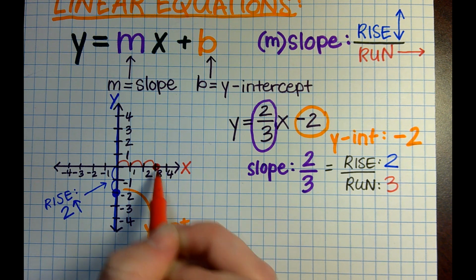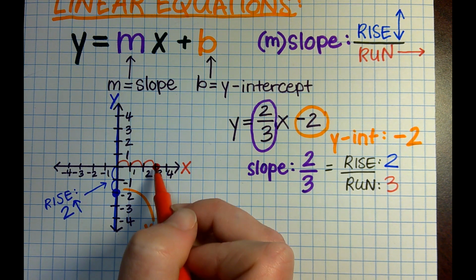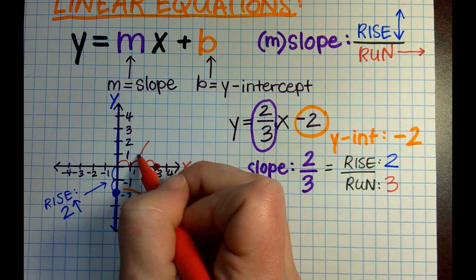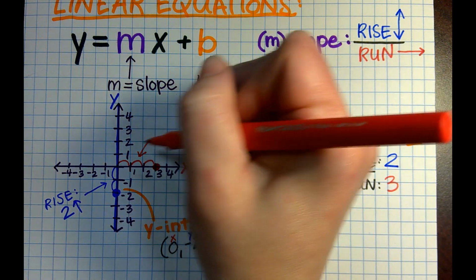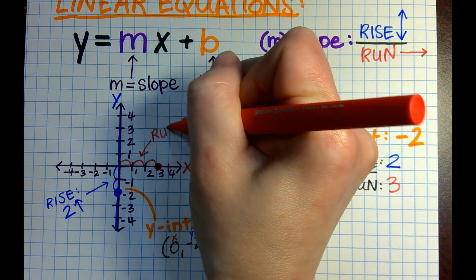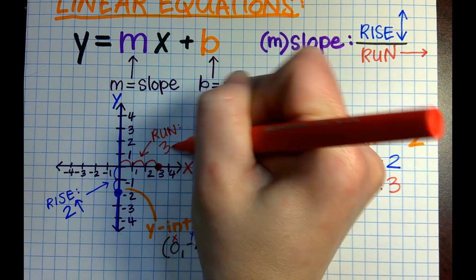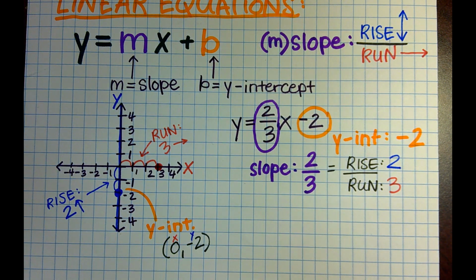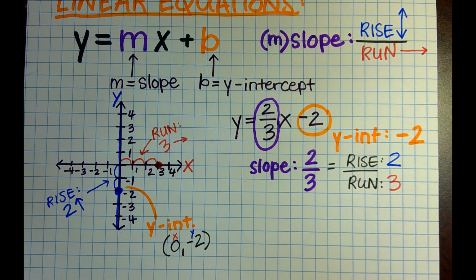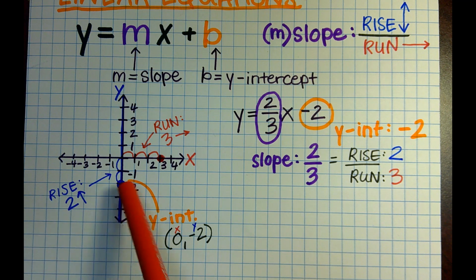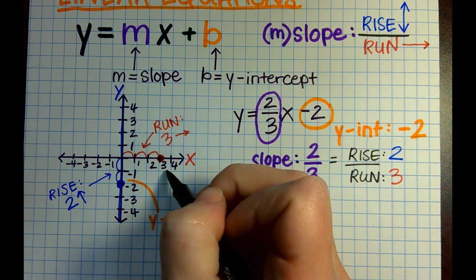And then I have my second point. I'll label this as well, how I moved. This is my run. It was 3, and I went over to the right. And now I have 2 points on my graph. Now, what's the coordinate of this point that we just plotted?